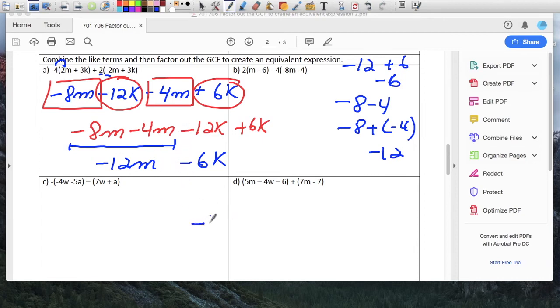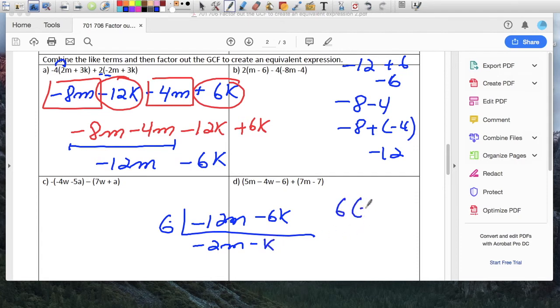So I get negative 12m minus 6k. And we're going to pull out a 6. 12 divided by 6 is 2. Minus, and 6 divided by 6 is 1, or just k. And we get 6 times negative 2m minus k. 6 times negative 2 is negative 12. 6 times minus k is minus 6k. So, check.